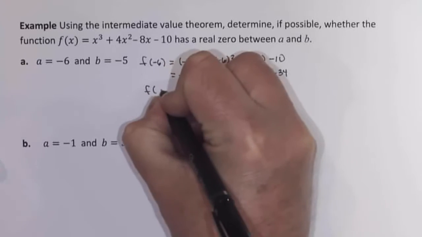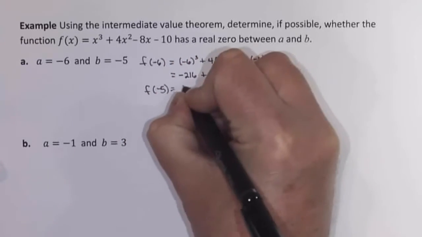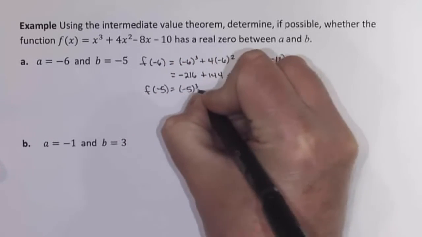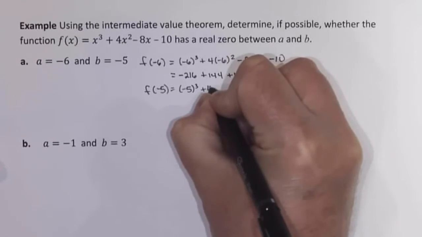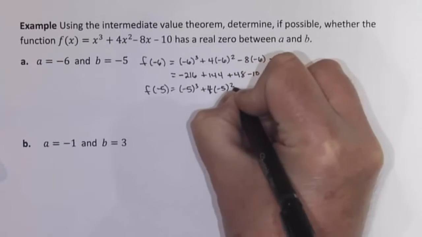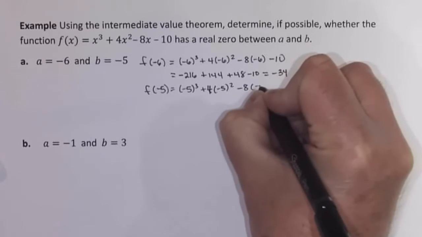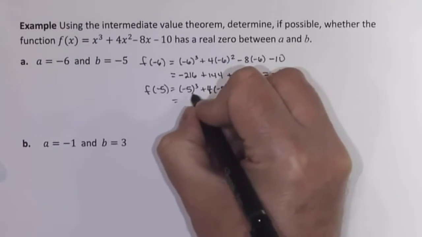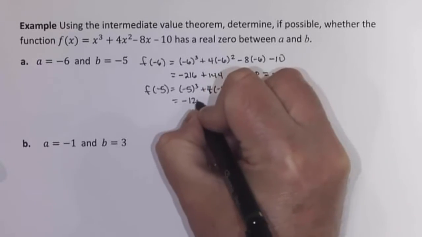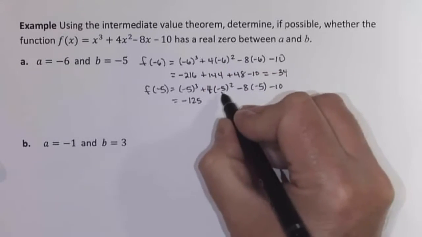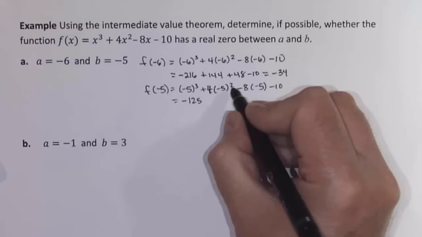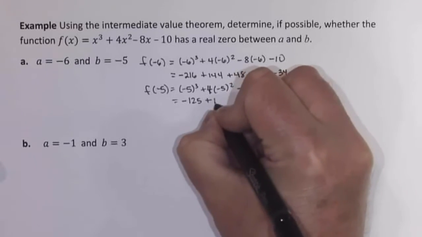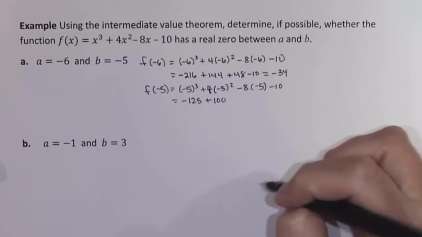If we find f of negative 5, that will be negative 5 cubed plus 4 times negative 5 squared minus 8 times negative 5 minus 10. Well, negative 5 cubed is negative 125. Negative 5 squared is 25, and 25 times 4 is 100, so we have plus 100.